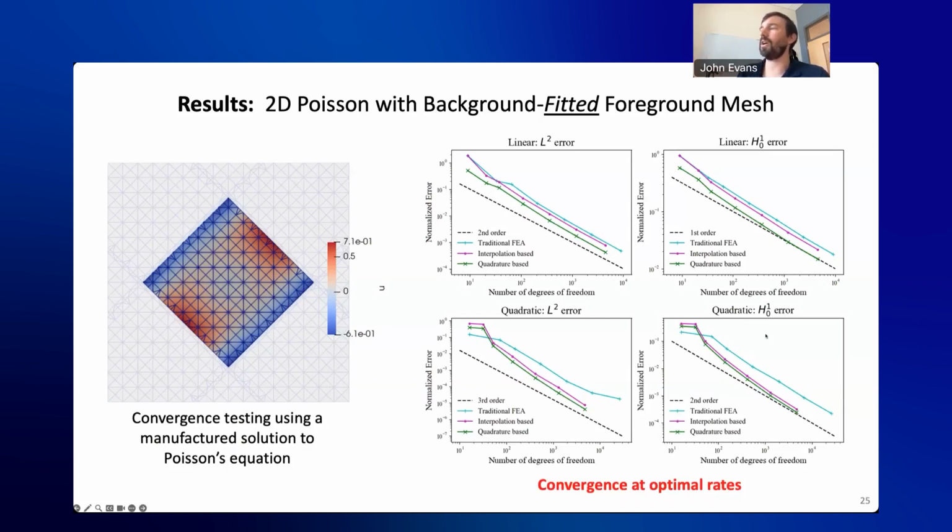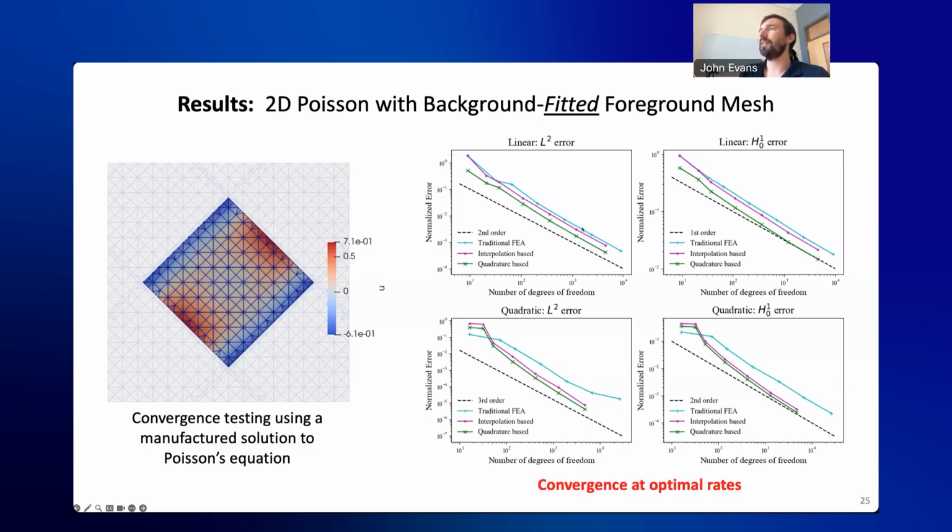This is linear and quadratic of the background space, and we use linear and quadratic as well for the foreground space in this particular case. In blue, we have traditional finite element analysis performed on the foreground mesh. Then we have the interpolation-based immersed method in purple, and the quadrature-based method in green.